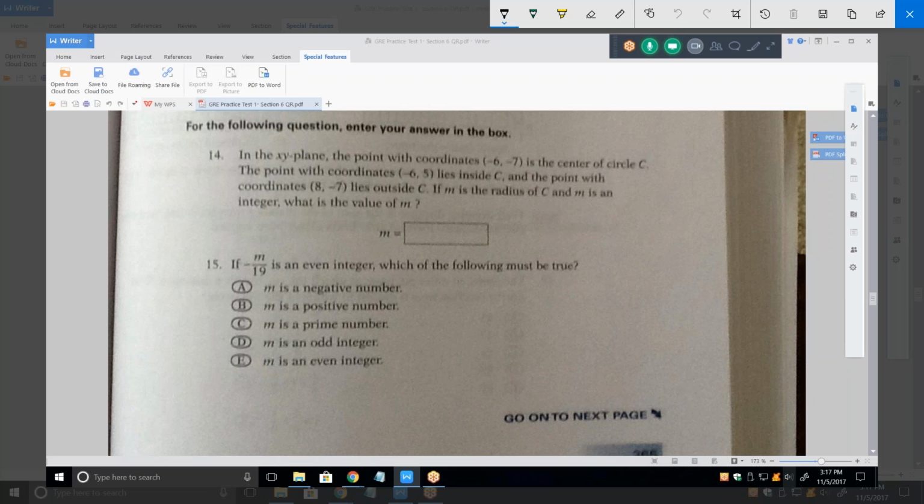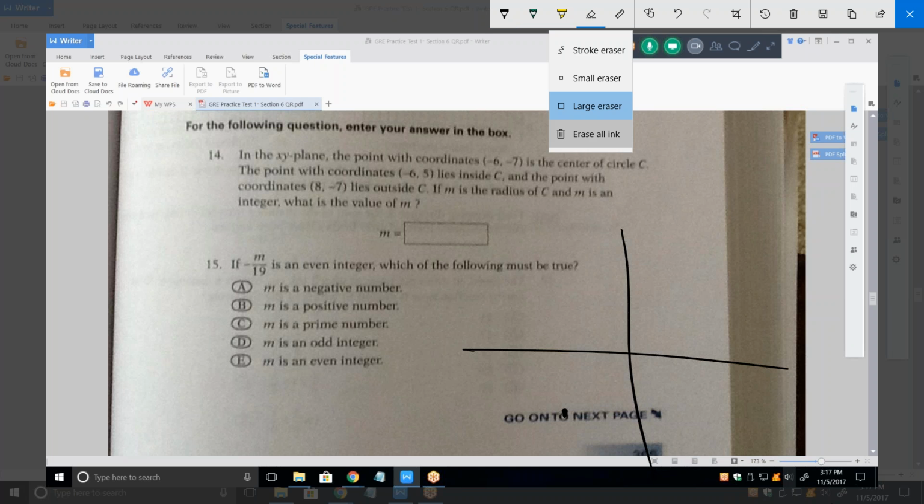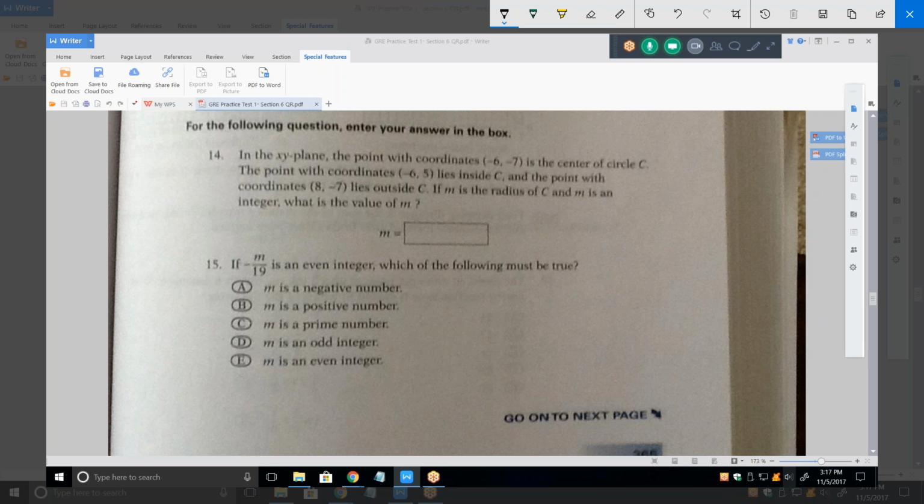Problems like 14, I automatically always draw a chart. Just to get a feel for the problem. I don't mark off the grid because that takes too much time. But I can approximate where that point is. Minus 6, minus 7. We'll call it right there. Problem is here. Hold on. Let me start this again. Give myself a little bit more room because they're in negative territory. So minus 6, minus 7.